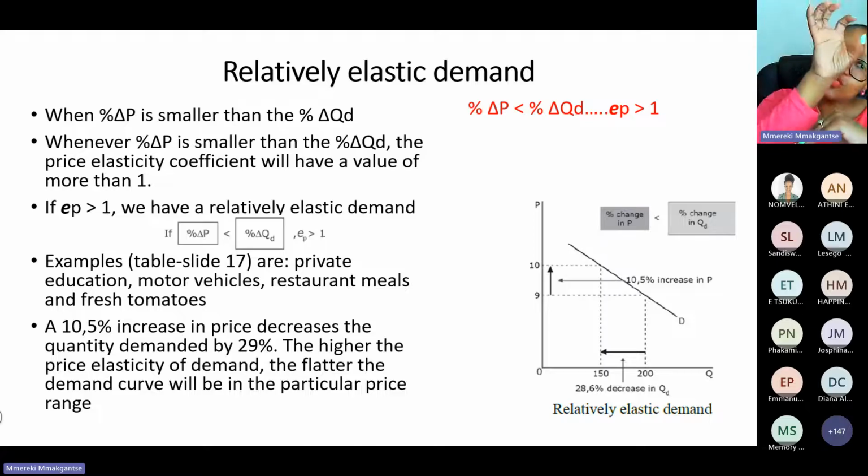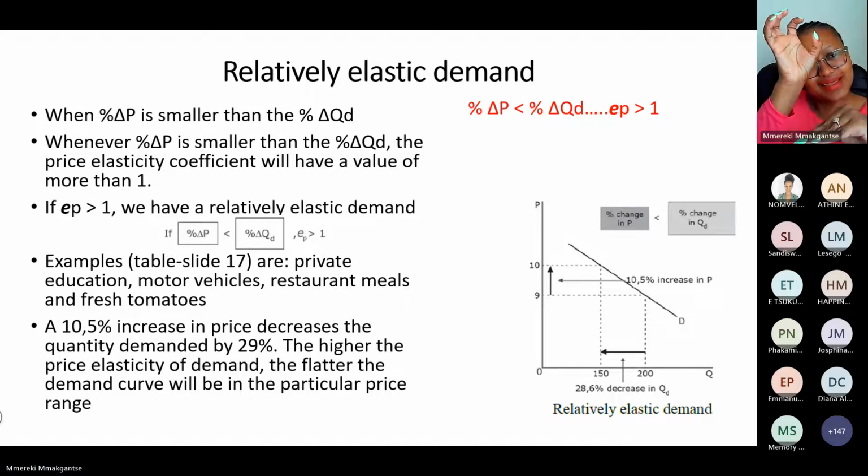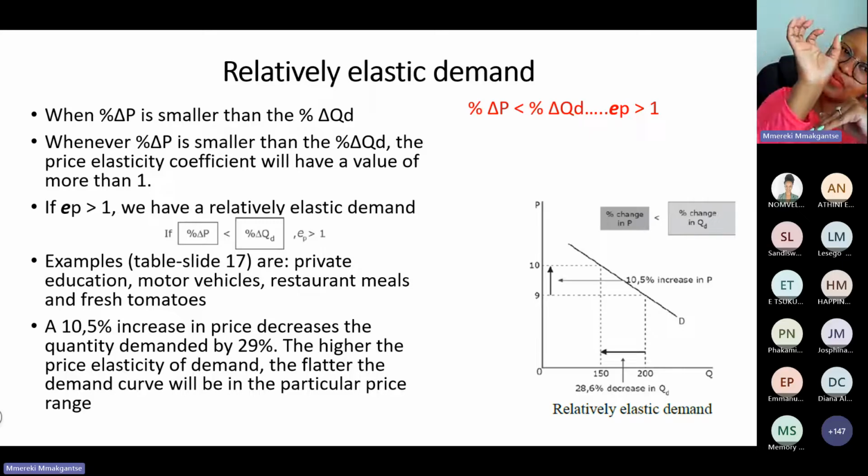Here U, the percentage change in quantity demanded, is greater than P. If the change in quantity demanded is 5 and the change in price is 2, then 5 divided by 2 is 2.5, which is greater than 1. As in the slide table, an example could be your caviar restaurant meals, those nice goods.